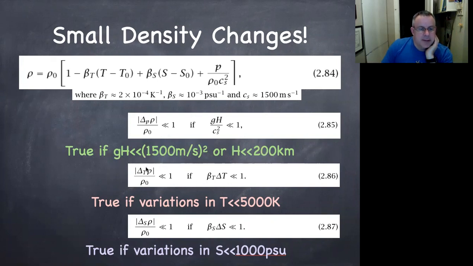Then you get that. You can do the same thing for temperature. How much does temperature have to vary? That works out to the temperature variations having to be a little bit less than about 5,000 Kelvin, which almost surely holds. And if you plug in for the salinity variations, for the variations in density to be much less than 1, that's true if the variations in salinity are less than about 1,000 PSU.